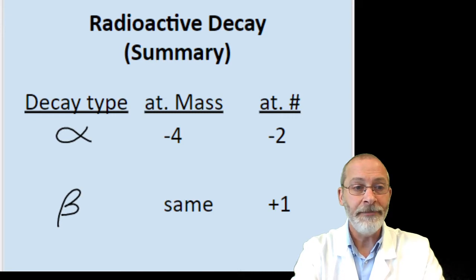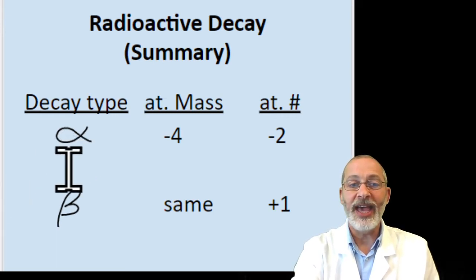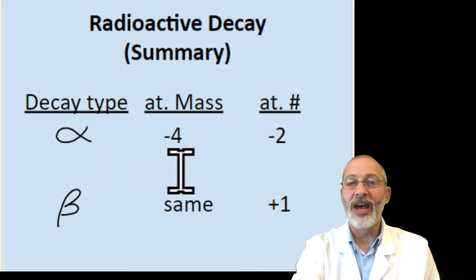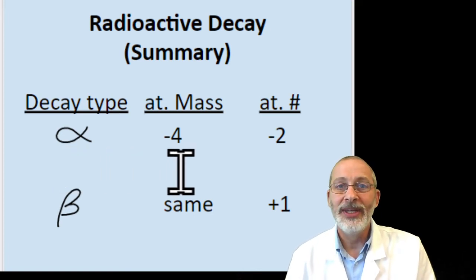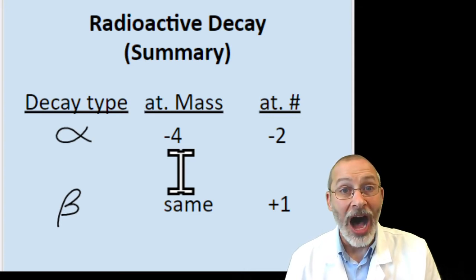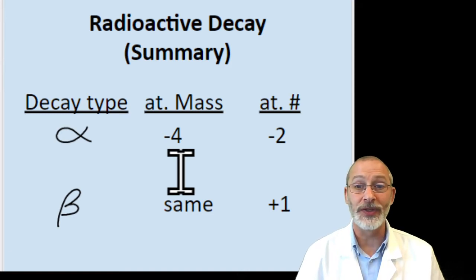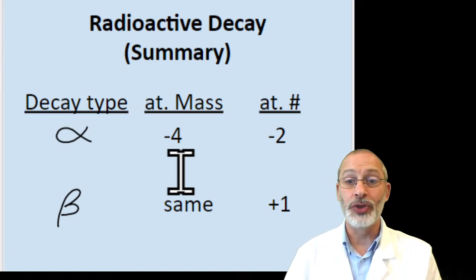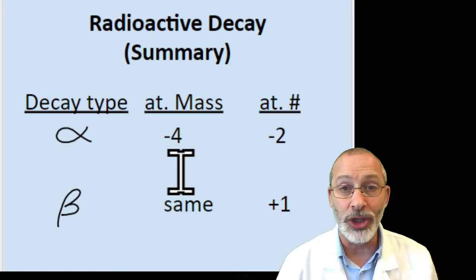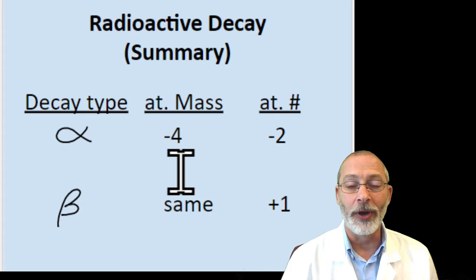So to begin, during alpha decay, the atomic mass is reduced by 4. Why? Because it's losing 2 protons and 2 neutrons. So if you take 2 protons and 2 neutrons out of the atomic mass, well, that's a net loss of 4.